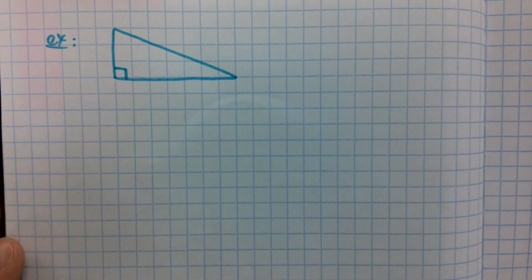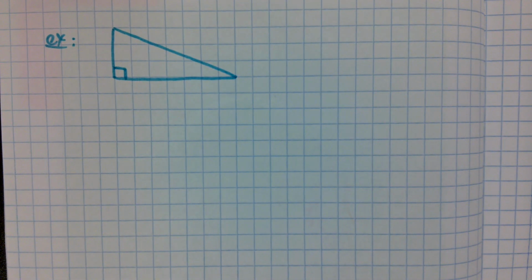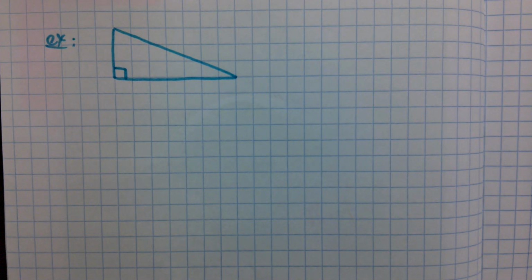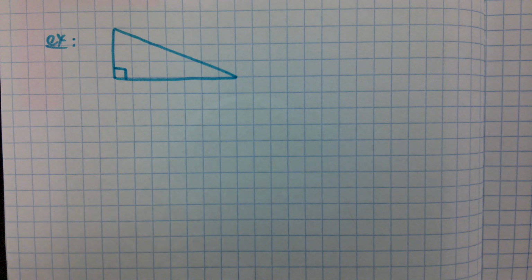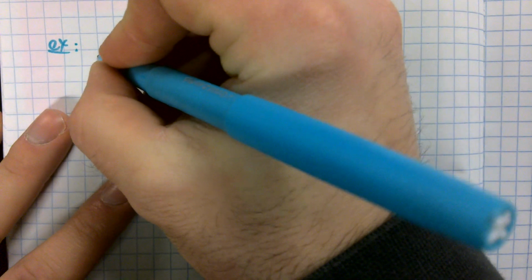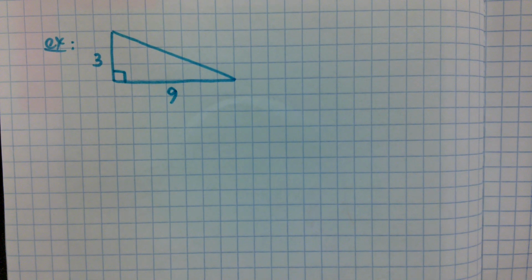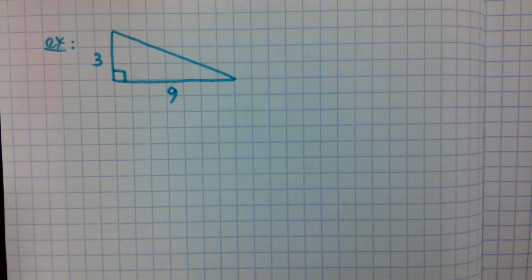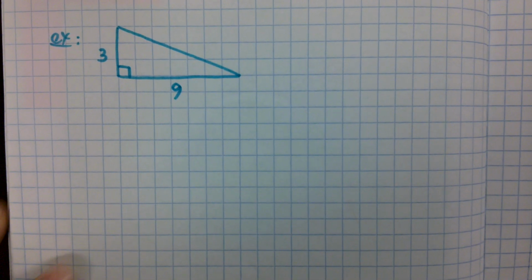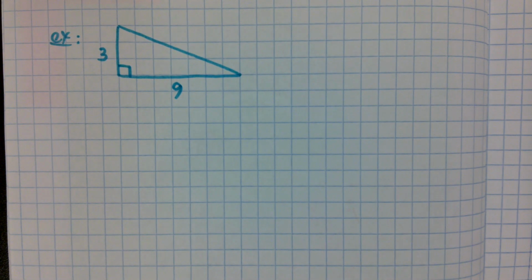Go ahead and draw yourself a little triangle just like that. It doesn't have to be perfect. There we go, with a height of 3, base of 9.